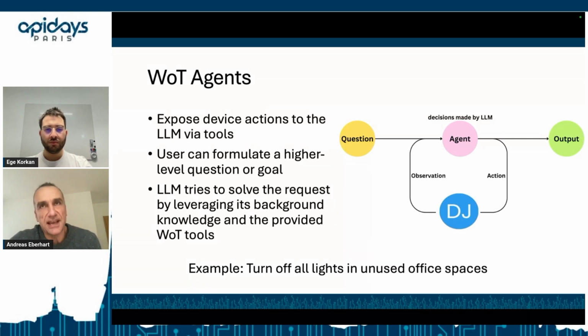But now, using large language models, we can actually offload some of this application logic to a large language model, which becomes an agent, and tell the agent to perform this task for us by giving it the tools and exposing the Web of Things actions via large language model tools to the agent, such that this program is generated on the fly, and the agent actually comes up with the right sequence of APIs to call and feeding the right output of call 1 into the input of call 2. And this works quite well.